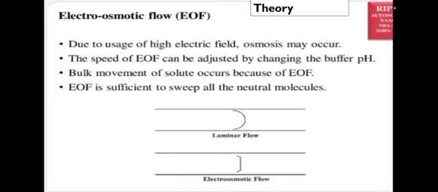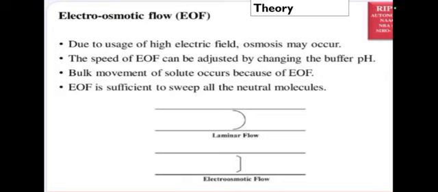Next, we see the theory of capillary electrophoresis. One theory is electroosmotic flow, EOF. Due to usage of a high electric field, osmosis may occur, meaning movement from high concentration to low concentration.